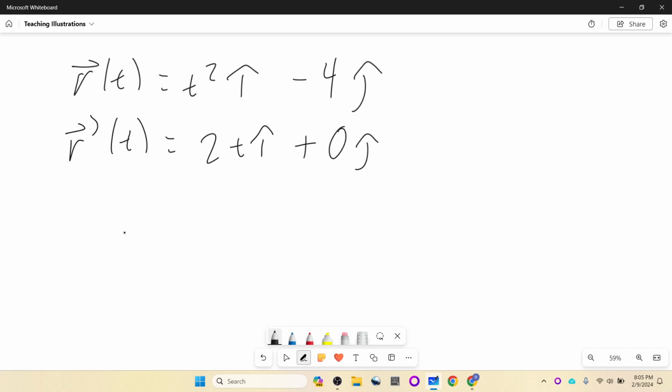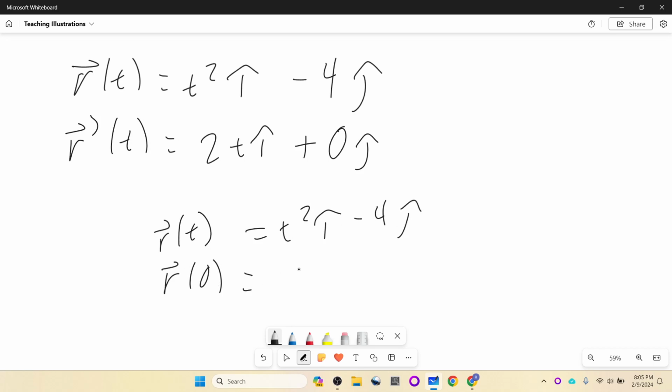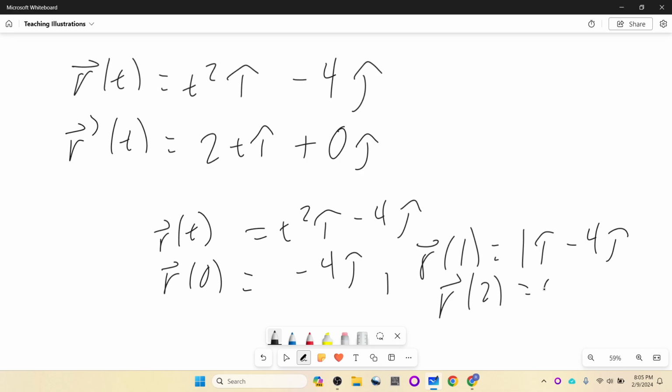What does this represent? Well, let's think this through. We've got r of t is t squared i minus 4j. So r of 0 is negative 4j. r of 1 is 1i minus 4j. r of 2 is 4i minus 4j.